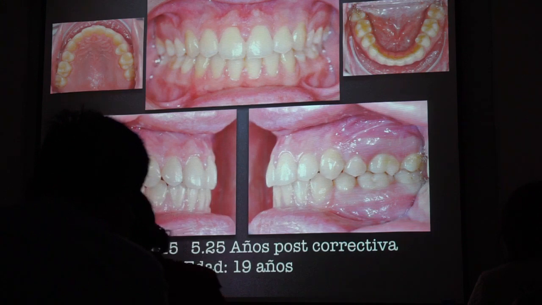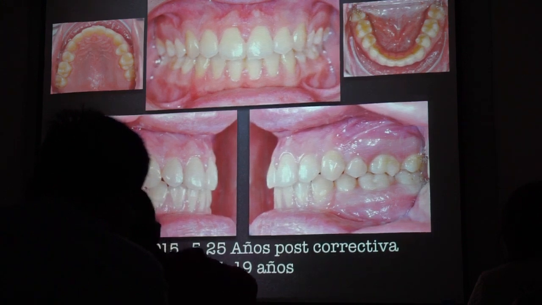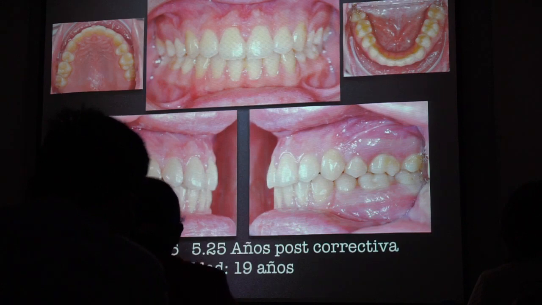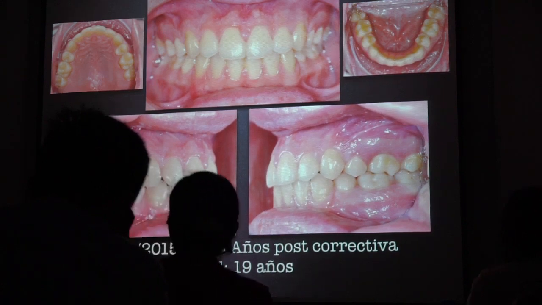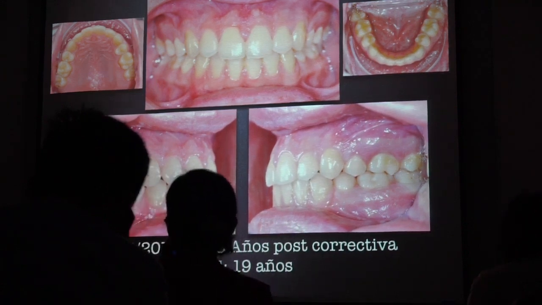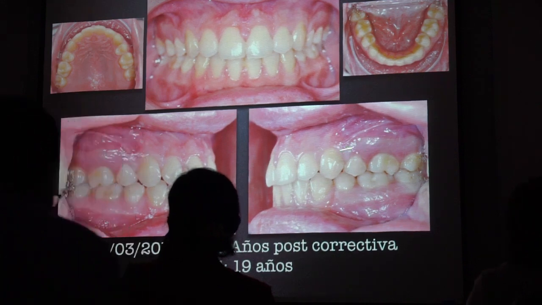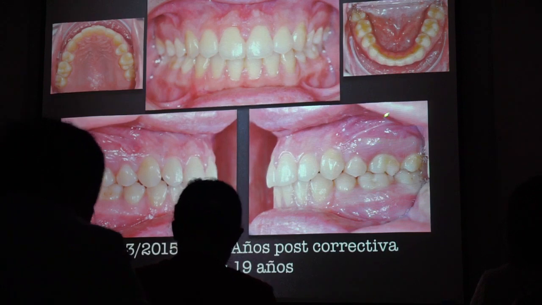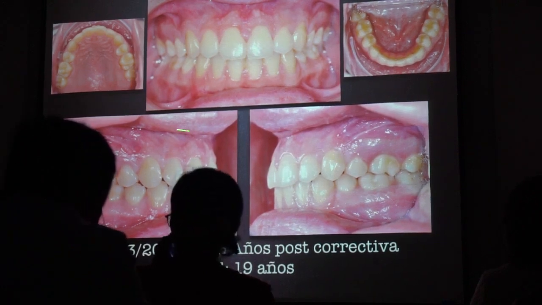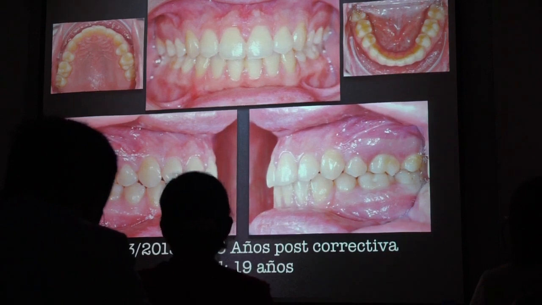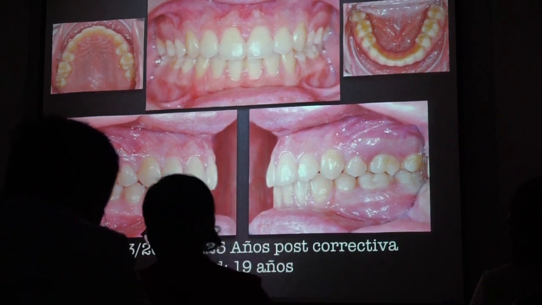If you see a finished case of serial extraction, you don't see the very frequent defect that you find between canine and premolar, like a sulcus in the bone that you see when you extract late.